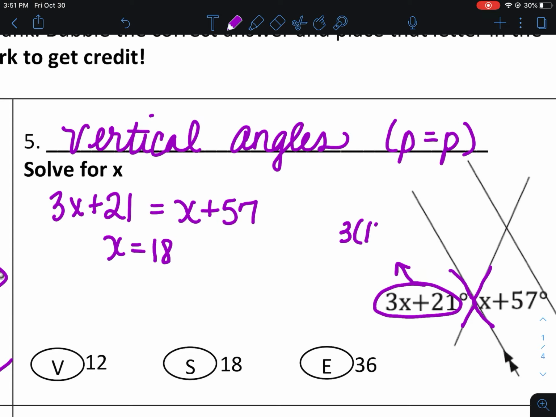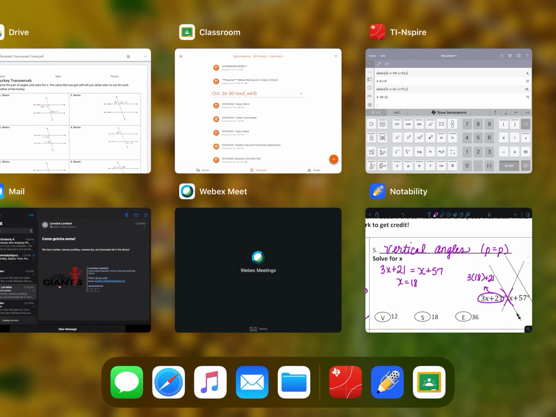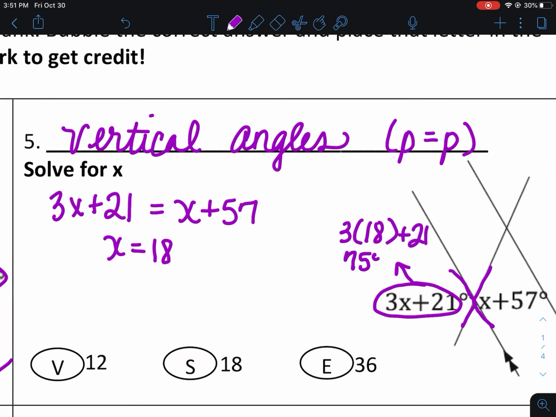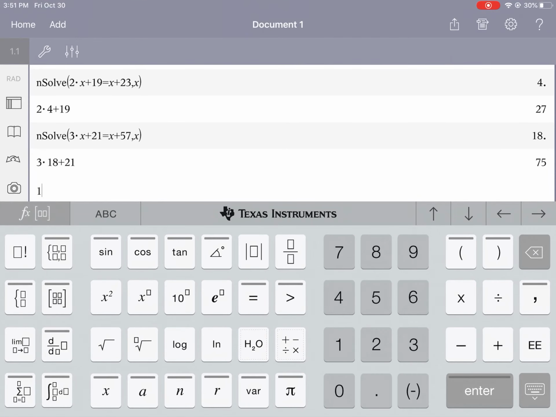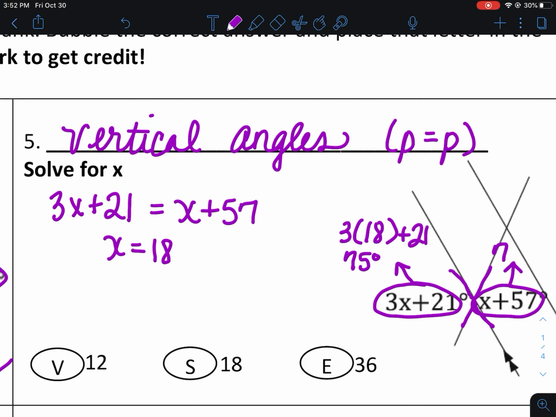So that's 3 times 18 plus 21. So that's 75. So that's 75 degrees. And let's check the other one to make sure it's the same. So 18 plus 57, you can do that in your head, of course. And we still get 75. And we want to make sure we get the same for both angles, because remember, they're supposed to be equal to each other. So since they are, 18 is the correct answer.